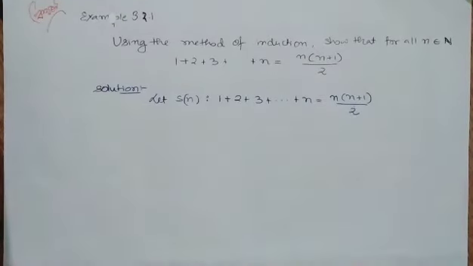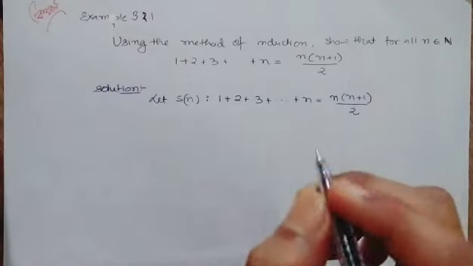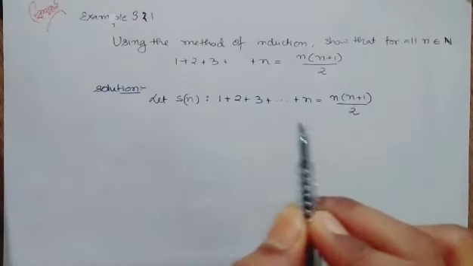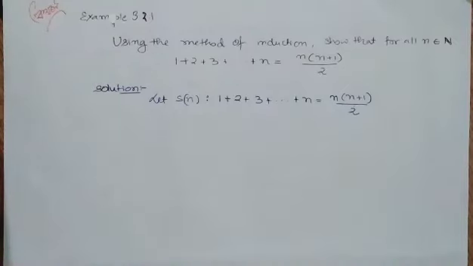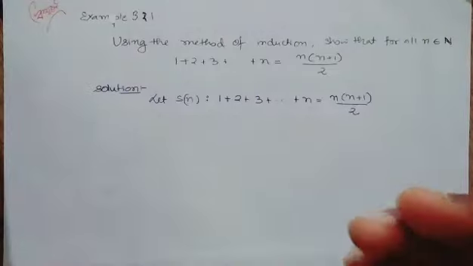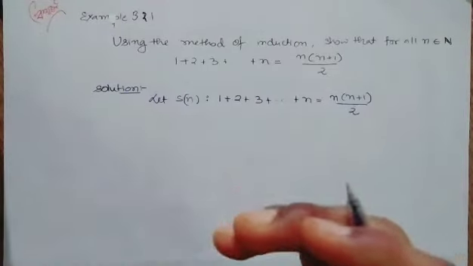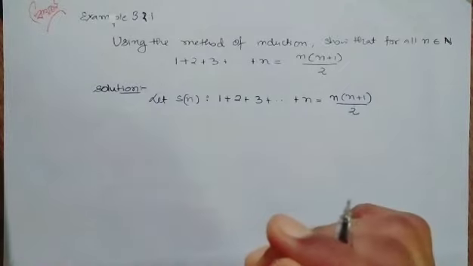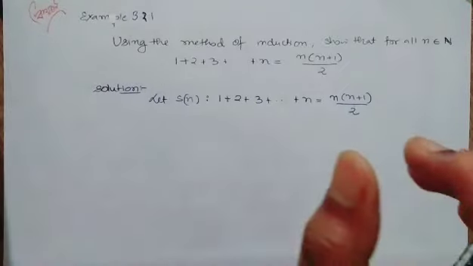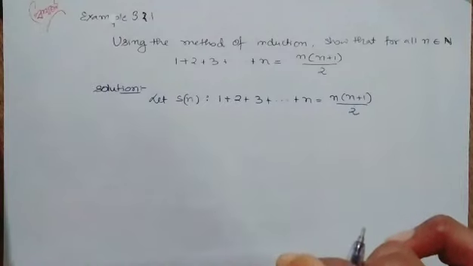Now from the method of mathematical induction, first we have to prove that this statement is true for n is equal to 1. If we can prove that, then we will proceed further and consider that this statement is true for n is equal to k.